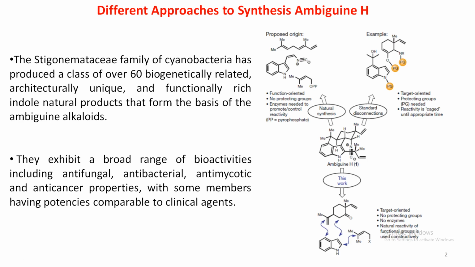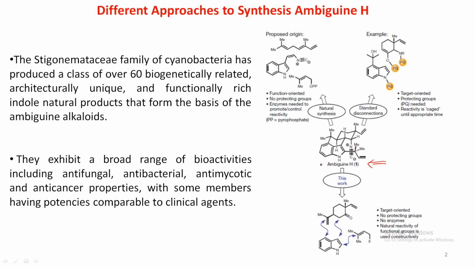So let's say this ambiguine H. This particular ambiguine H is our target molecule. There are many ways we can start the retrosynthetic analysis and do the disconnection. But first, for the structural features, you can just see this particular moiety. It has an indole moiety, followed by this reverse prenyl group.